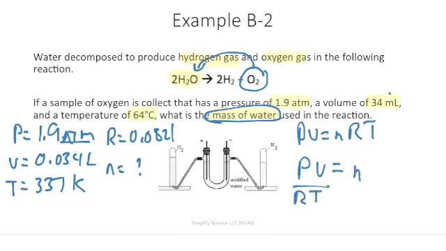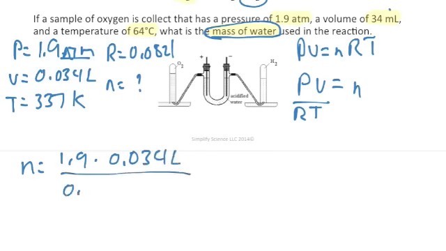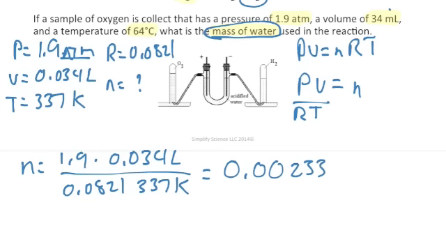And so we plug everything into the equation, and what we will get is n equals 1.9 times 0.034 liters, all over 0.0821, that's our R, and our T of 337 K. So we go ahead, plug that into a calculator, and we will get an n value, or moles of oxygen, of 0.00233, and that would be moles of O2.